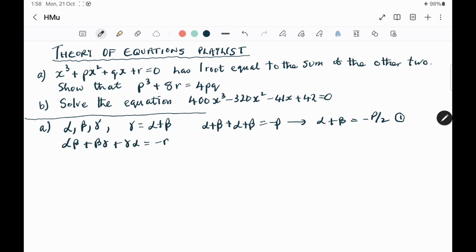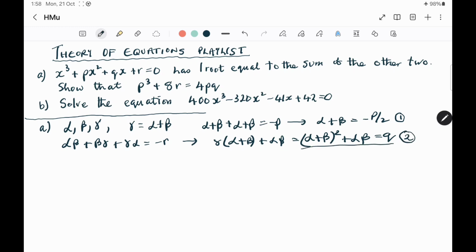That will imply that when we simplify that, gamma times alpha plus beta plus alpha beta, gamma is alpha plus beta, so that will be alpha plus beta all squared plus alpha beta, and that's got to come to q. Right, now we call that equation number 2.